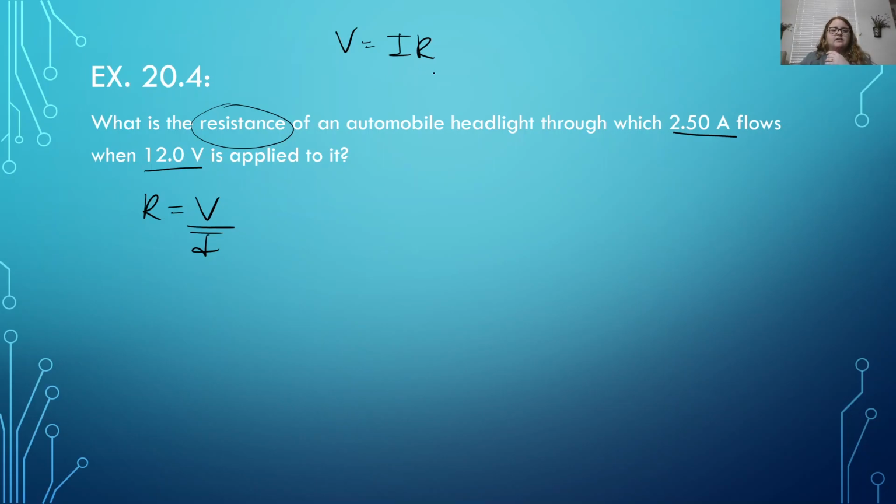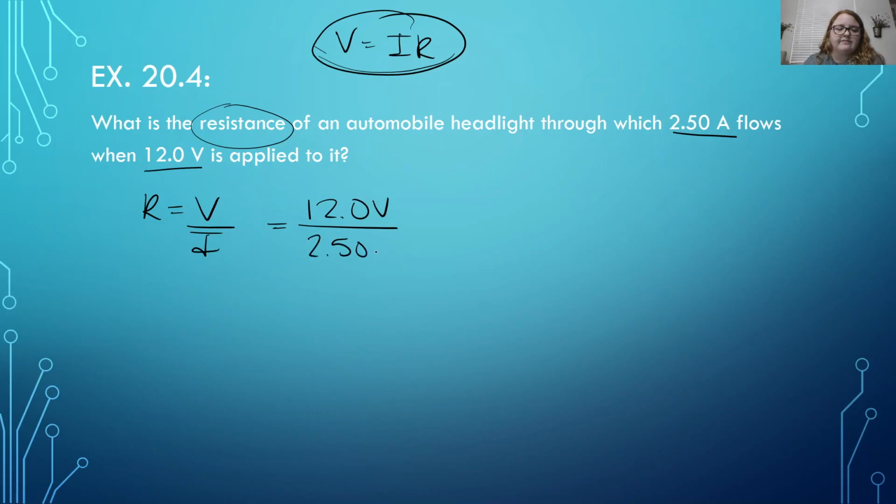So this formula will be rearranged multiple times for us to find what we're looking for. So we'll be using this quite a bit. So we can go ahead and plug this in. We have a voltage of 12 volts and a current of 2.5 amps.